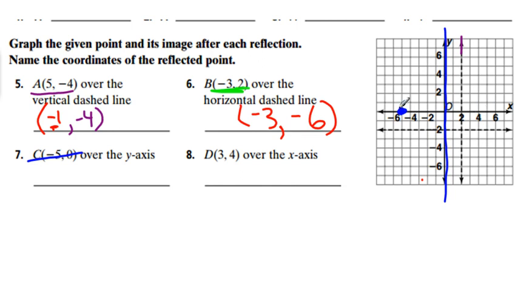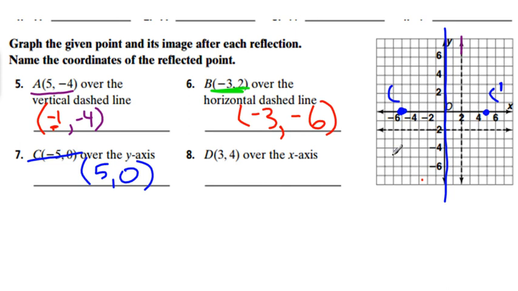So if it was 5 away over here, we'd go from -5 to +5. So this would be C prime, which would just end up being +5, 0. Okay, remember when we go across the y-axis, we change the sign of x, y stays the same.